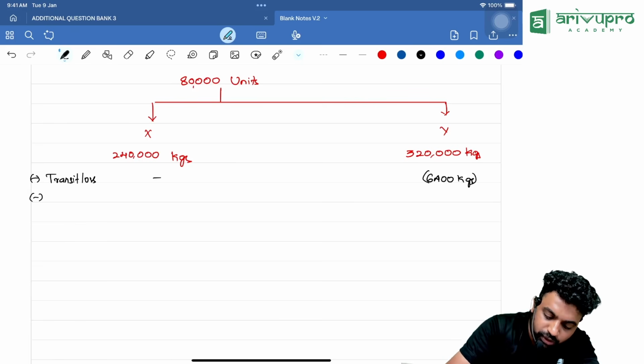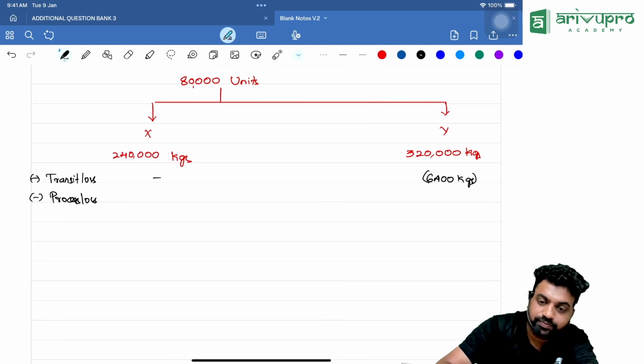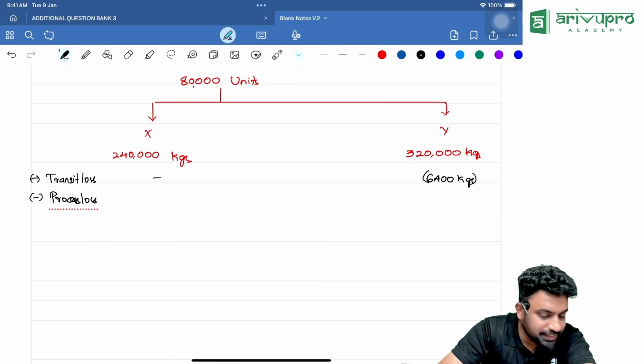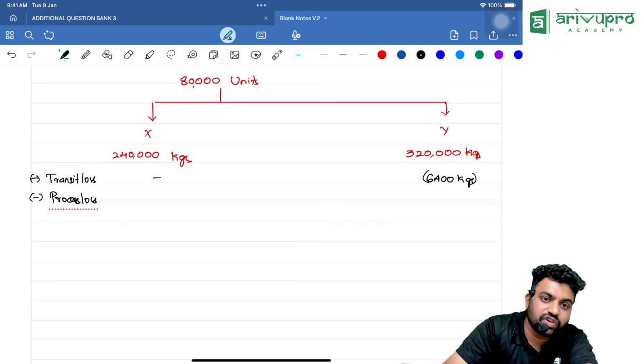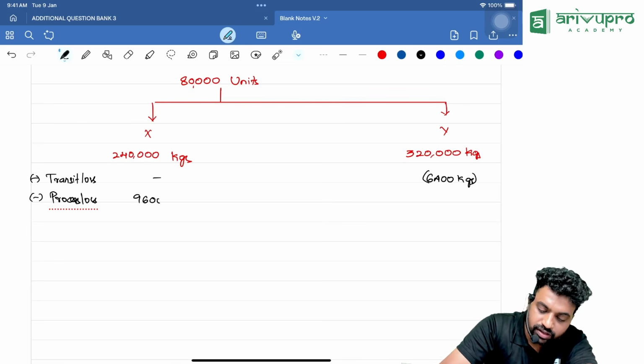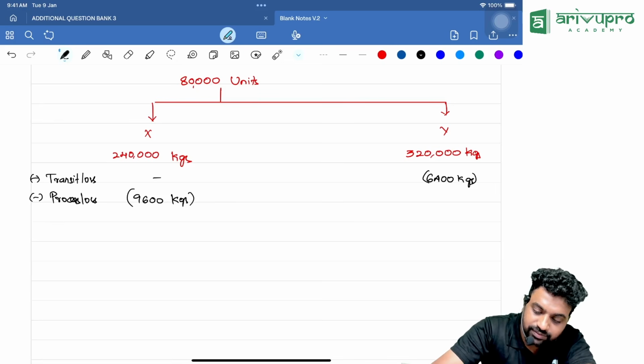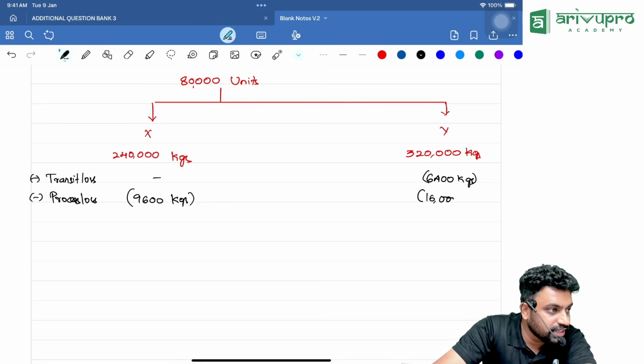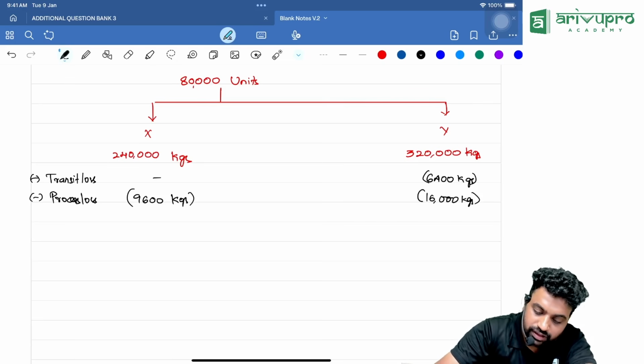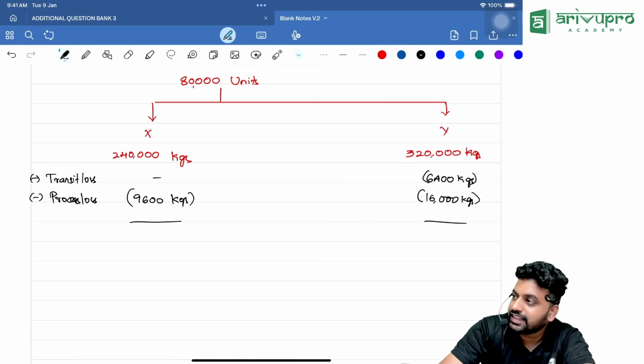Next is your process loss. First one, how much loss? 4%. 4% of your 2,40,000 units purchased is 9,600 kgs. And 5%, right? 5% of 320,000 is 16,000. Now tell me how much is net units?